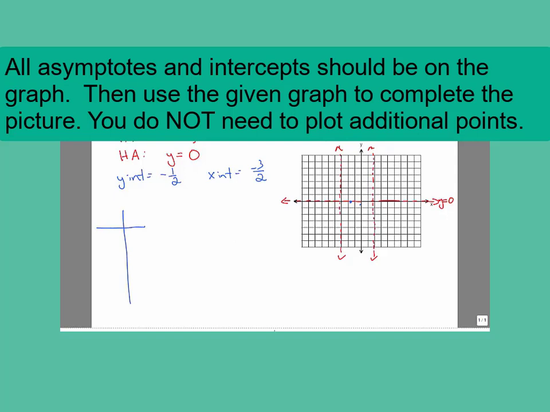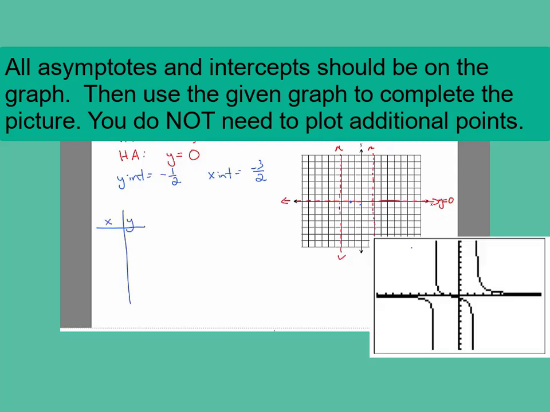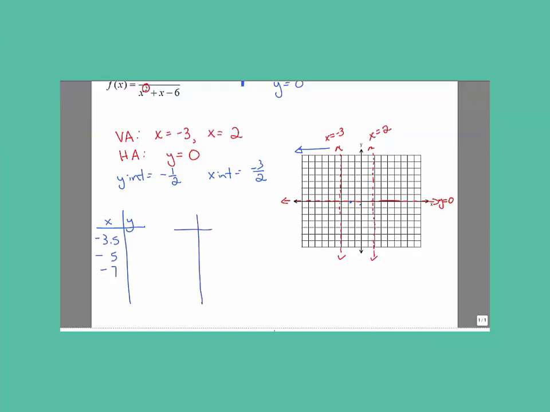We now need to plot some additional points. Let's choose some points to the left of -3. Then we will choose some points between -3 and 2. Last, we will choose some points to the right of 2.